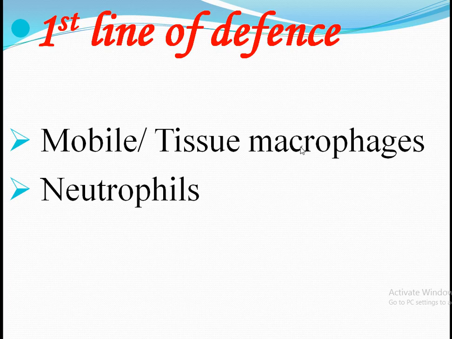I will tell you as we proceed how you can number the lines of defense. So here I must tell you the initiation of the defensive process occurs through the mobile and tissue macrophages and the neutrophils. Very simple, but up till here.